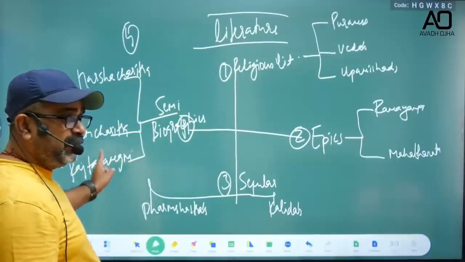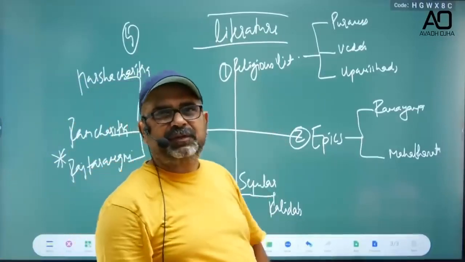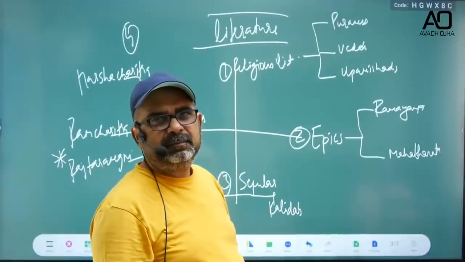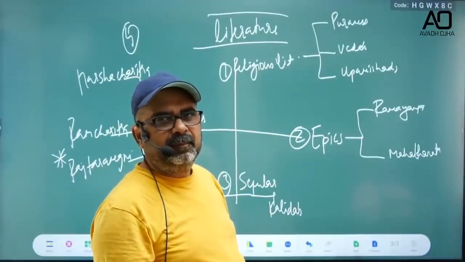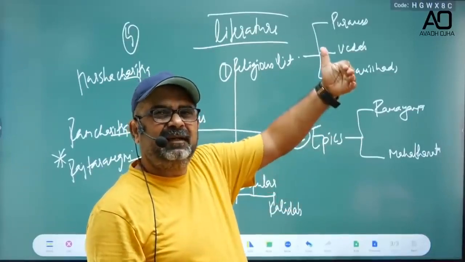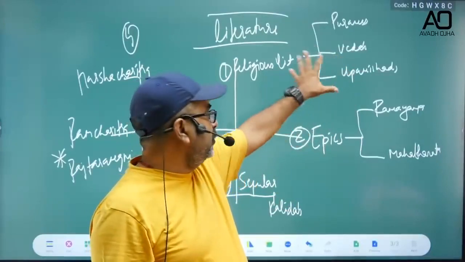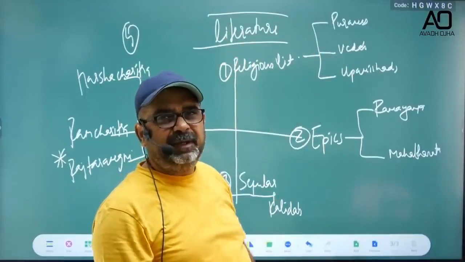It is considered the first book written in the modern style of history. The stream of kings, Rajaon ki Tarang. And they all contribute vast information about the ancient period.